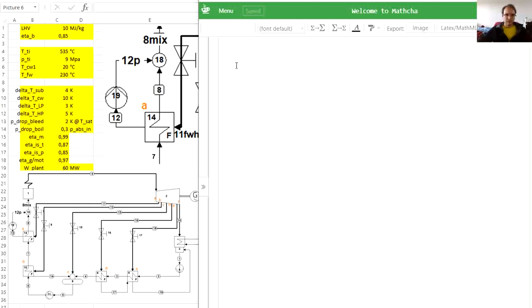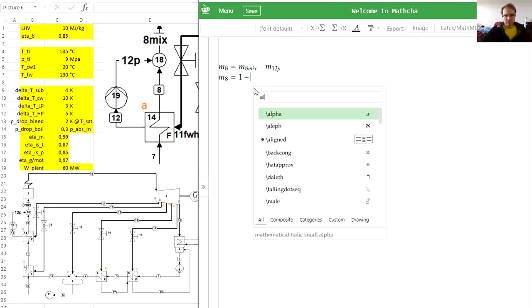So since we have the mass flow rate at the point number 8 mix, that means that the mass flow rate at point 8 is the mass flow rate at point 8 mix minus the mass flow rate at point 12p, meaning if M8 mix is 1, then the mass flow rate at point 8 is 1 minus alpha A.